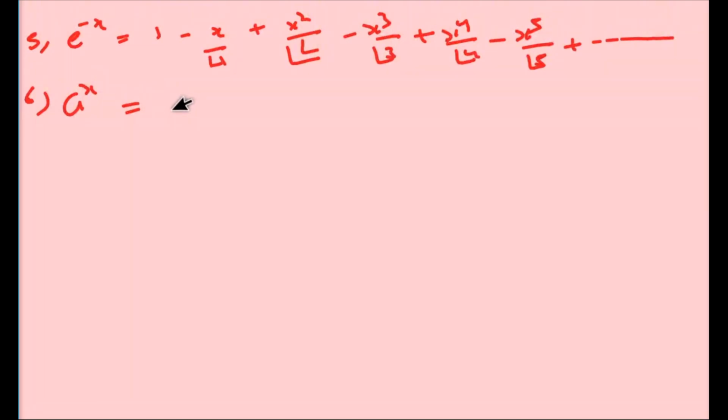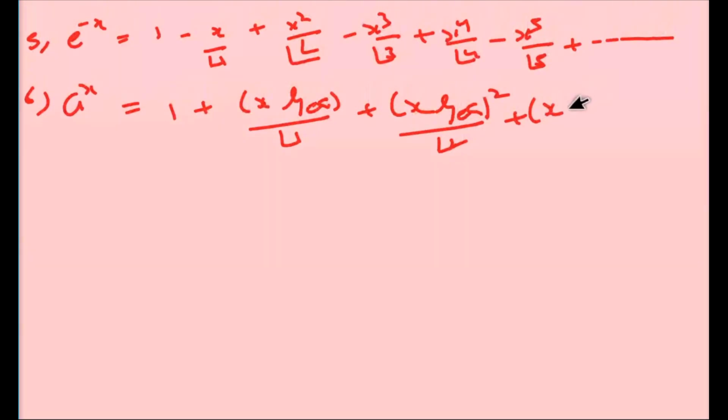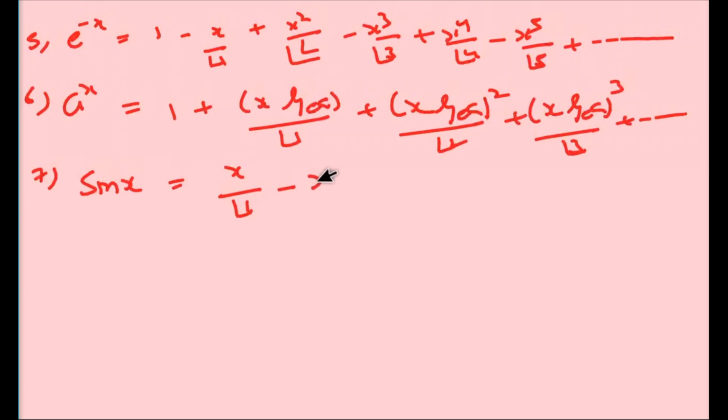For the same, a to the power x is 1 plus x log e a upon factorial 1 plus x log e a whole square upon factorial 2 plus x log e a whole cube upon factorial 3 plus and so on. And the next formula: sin x is x upon factorial 1 minus x cube upon factorial 3 plus x to the power 5 upon factorial 5 minus x to the power 7 upon factorial 7 plus and so on.